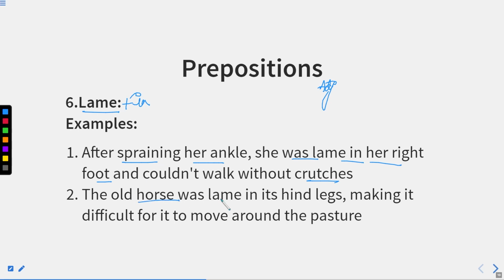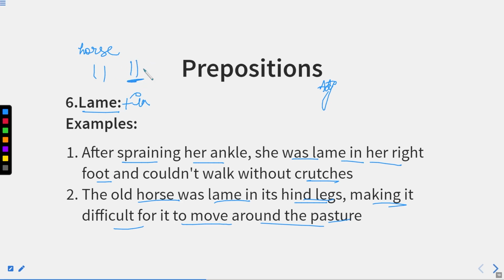So, the old horse was lame in his hind legs, making it difficult for it to move around the pasture. Now, pasture is an area, or a ground, which contains grass. Now, what are hind legs? You must have seen a quadruped, for example a horse. A human being has two legs only, but a horse, a cat, or a dog has four legs.